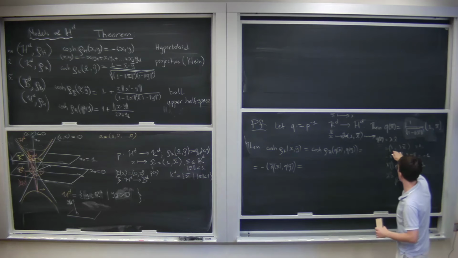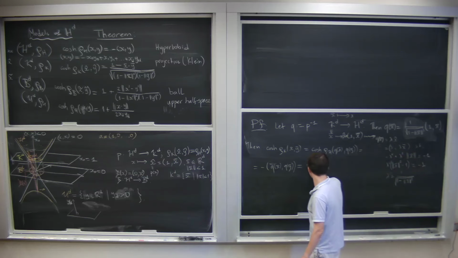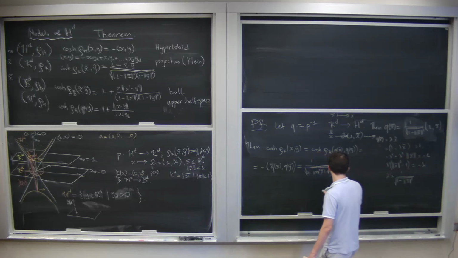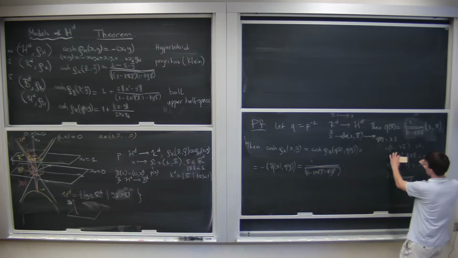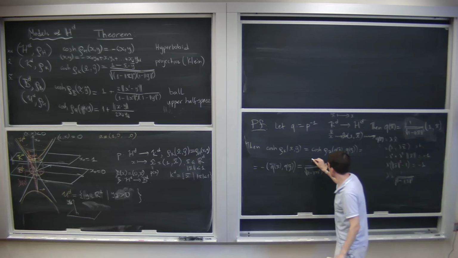So I obtain 1 minus square root of 1 minus x bar squared, 1 minus y bar squared, right?